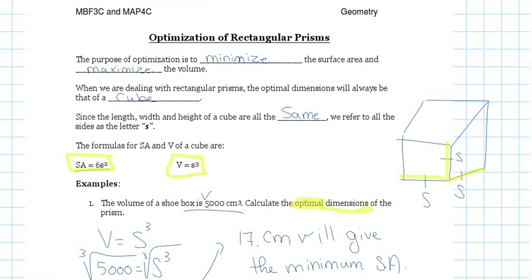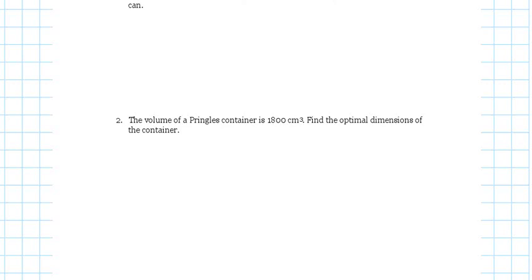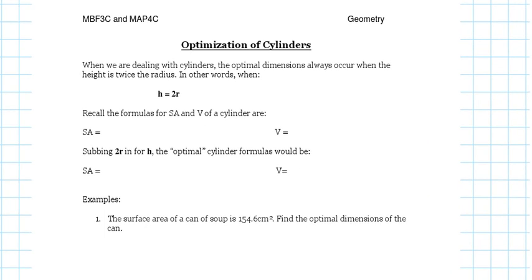So, when we're dealing with a cylinder, the height should equal twice the radius. So it should equal the diameter, basically.